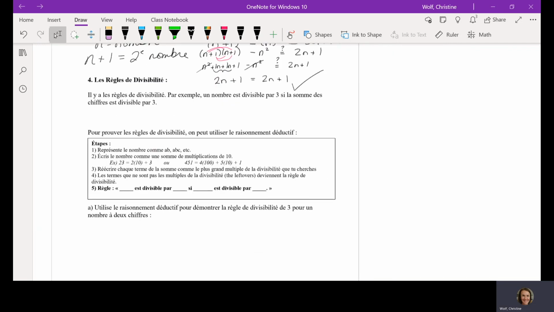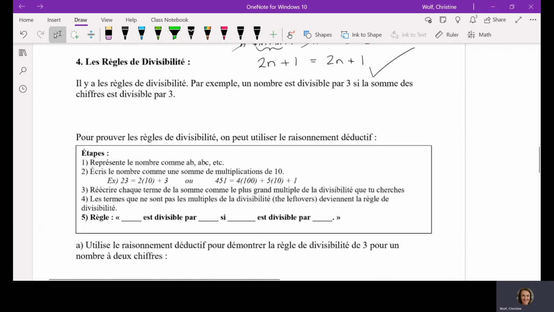OK, on va faire quelque chose un petit peu plus compliqué maintenant. Les règles de divisibilité. So, il y a les règles de divisibilité. So, like I just said, an even number will always be divisible by 2. That's a divisibility rule. That's a rule. It's always going to be true. So, un autre exemple, un nombre est divisible par 3 si la somme des chiffres est divisible par 3.